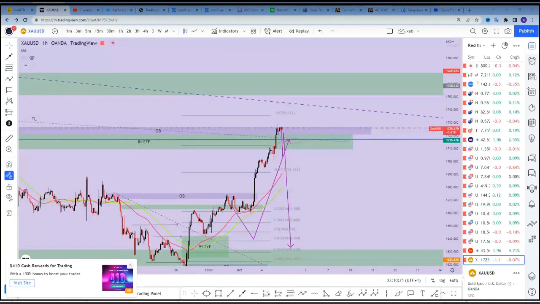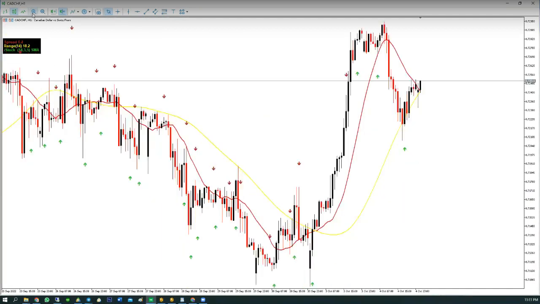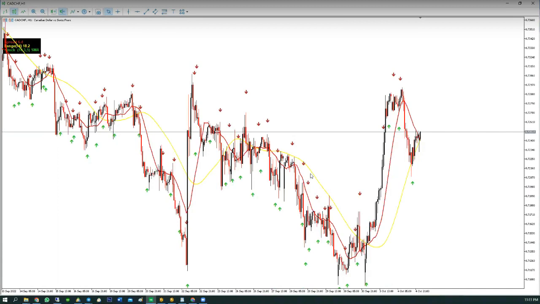Okay, hold on, please. I'm setting up my MetaTrader so I can show you. Can you see this?